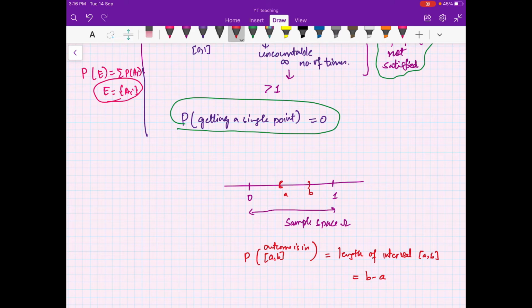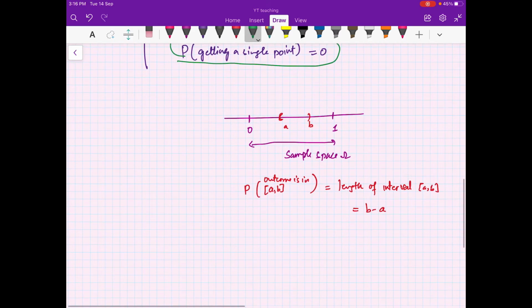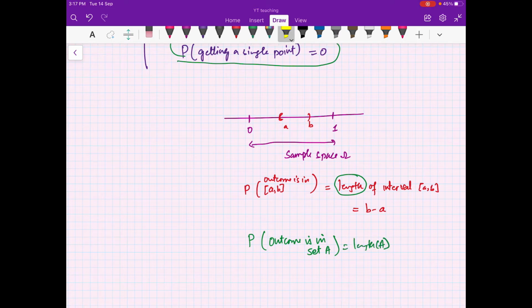If I define it like this, then because we are talking about length, the probability that the outcome is in set A is equal to the length of the set A. Here you had an interval, so you can simply compute the length, b minus a.